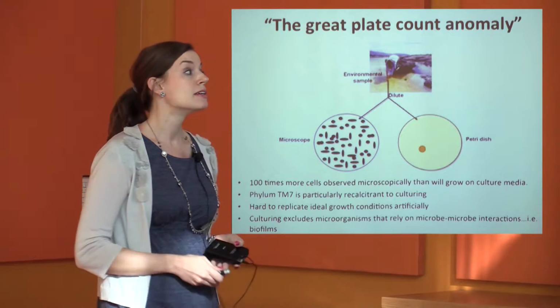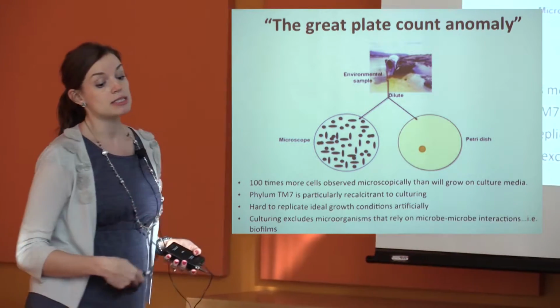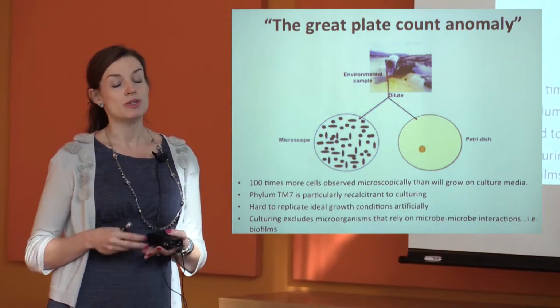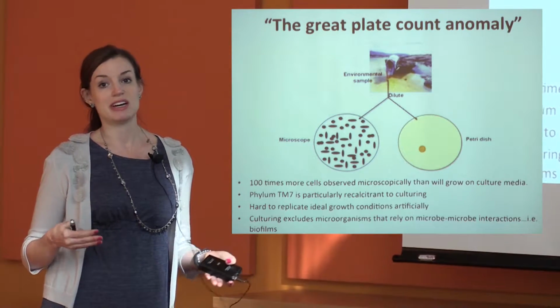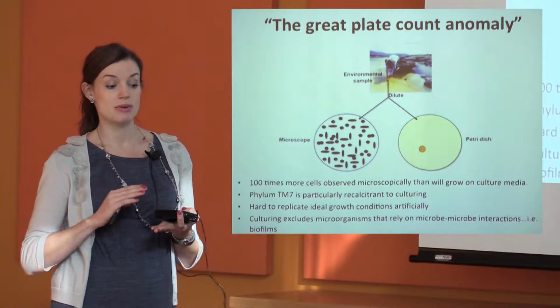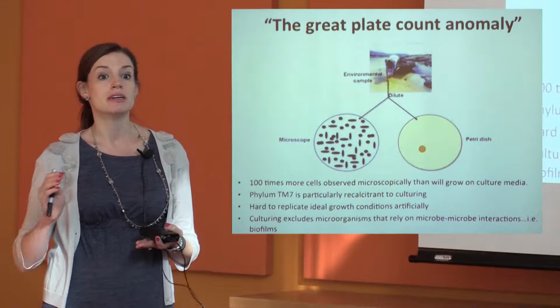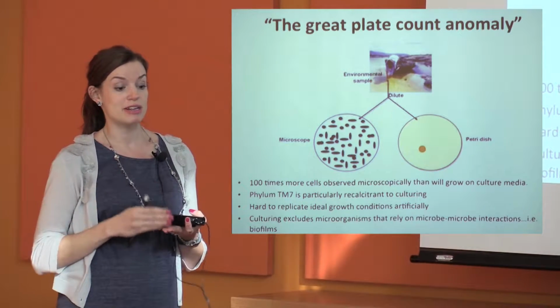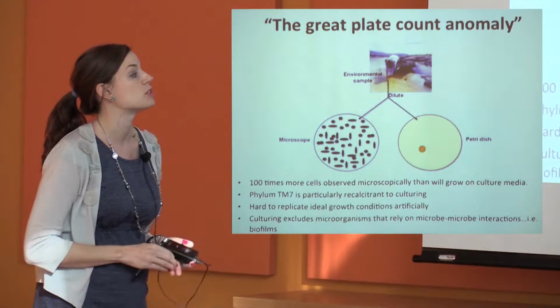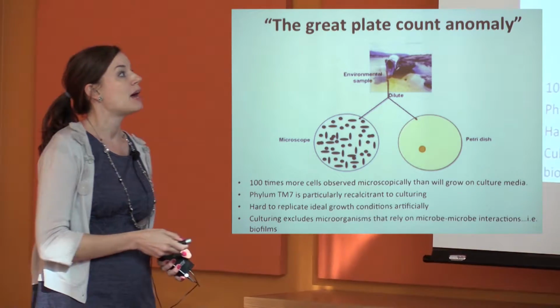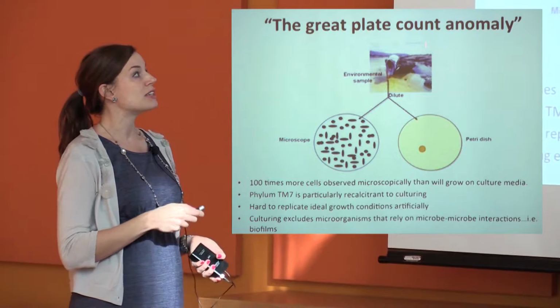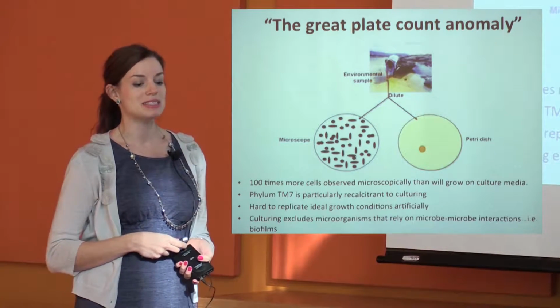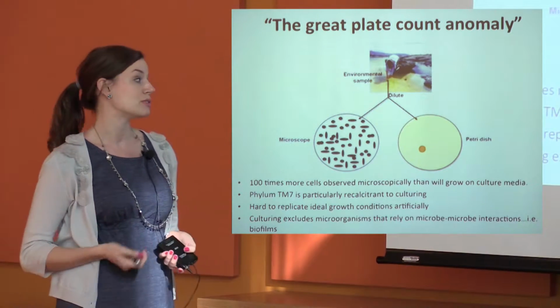I work on skin. It's really hard to replicate the environment of the skin on a petri dish because you have oils, sweat, all these things that you need to provide to the bacteria to get the perfect conditions for them to grow. But in some of the environmental extremes, it's even more difficult to produce those conditions.